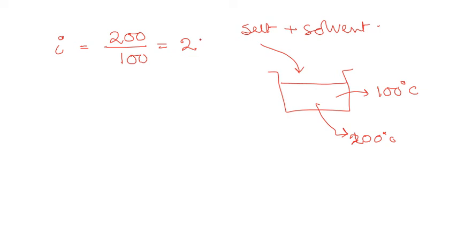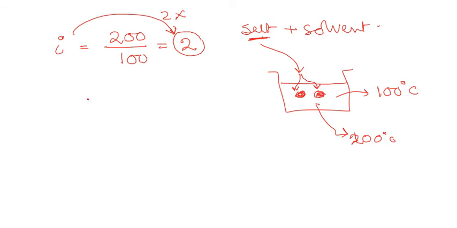If you're getting the Vant Hoff factor i equal to 2, what does it mean? It means that the concentration has increased by 2 times. So this salt that we have added, what would it indicate? It has broken apart into 2 entities, it has got dissociated into 2 particles.